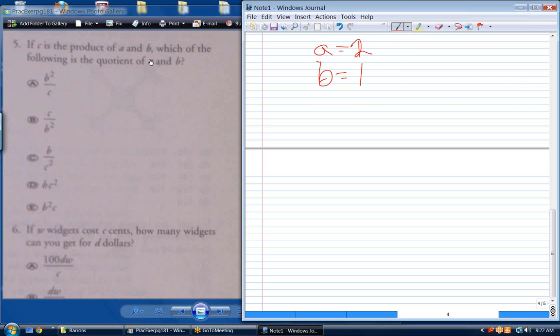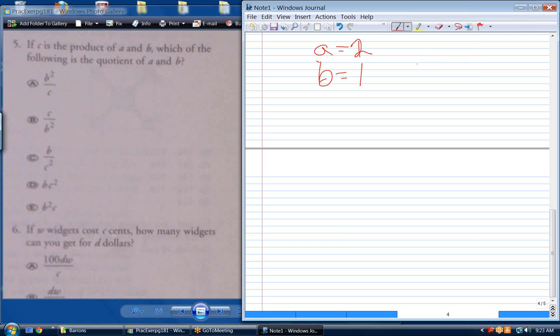If I let A equal 1 and B equal 2, then this is 1/2, and I have to find out which of these is going to be 1/2, which is a harder job than figuring out which of these is equal to 2. Okay, so there is a little bit of rhyme or reason when you pick numbers.